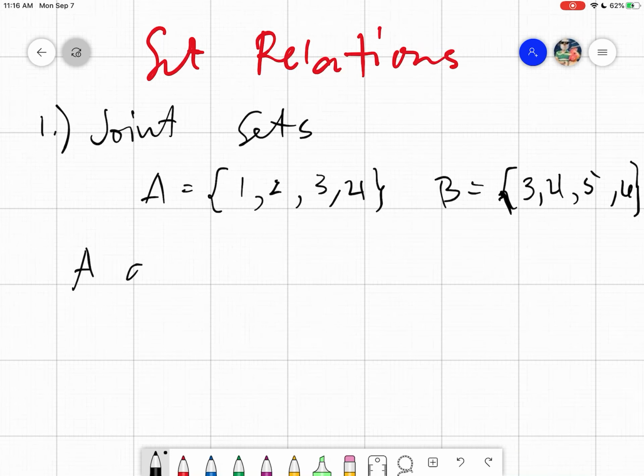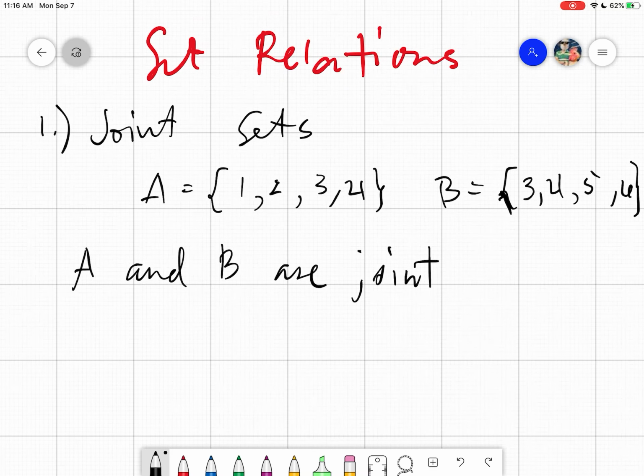So set A and B are joint because of what? Because of elements 3 and 4. Naging joint sila because of elements 3 and 4. And joint sets are just simply sets na merong commonality, at least one within them.